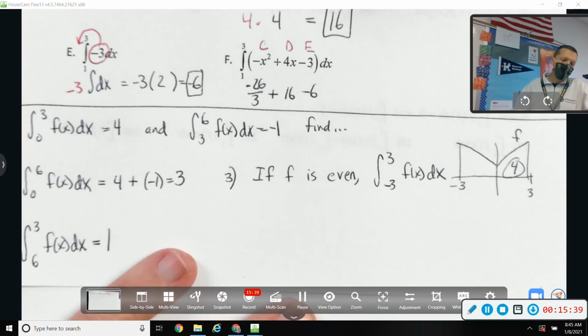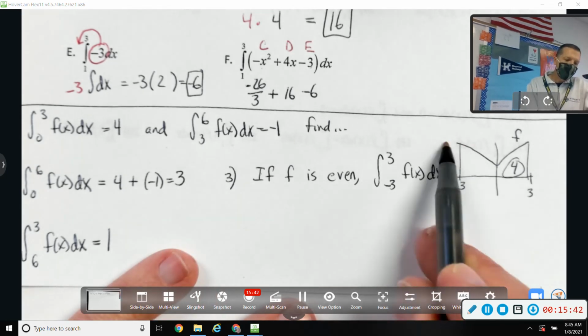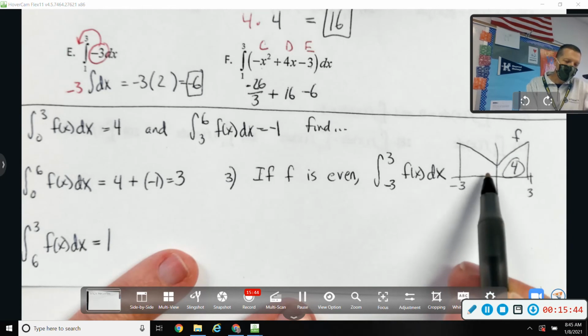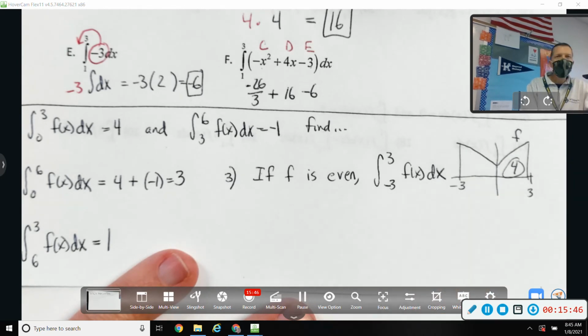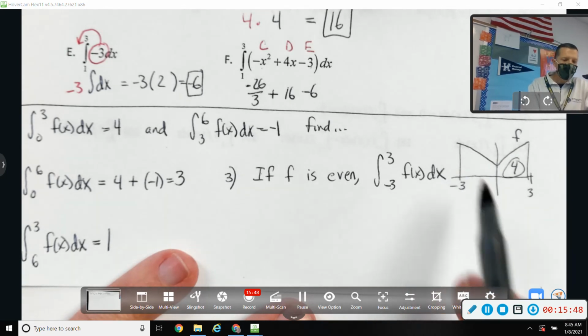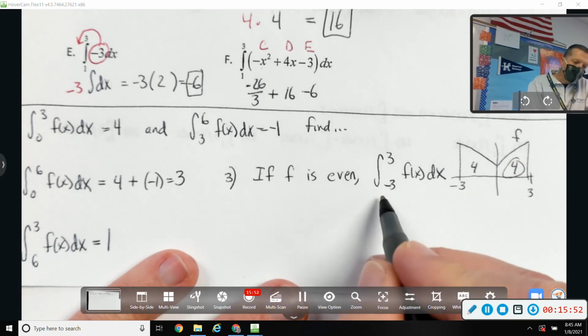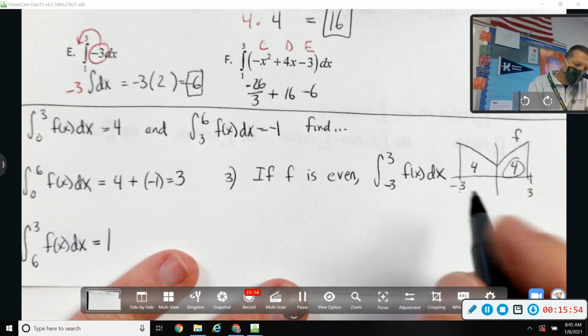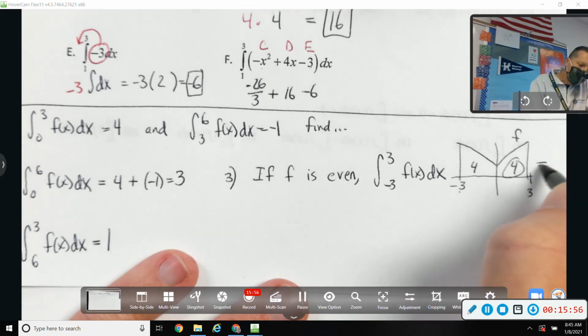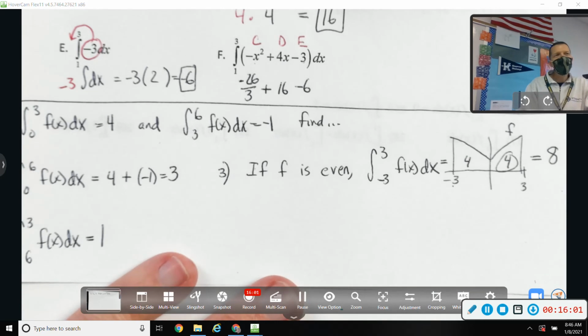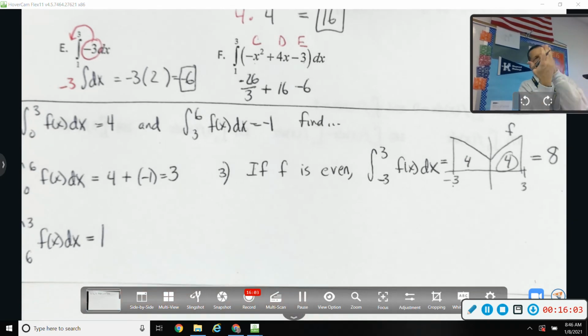My picture is not perfect, but if this function mirrors this function, then what's the area under this side? It's got to be 4 as well. So then my area from -3 to 3 would be 8 because of the reflection thing.